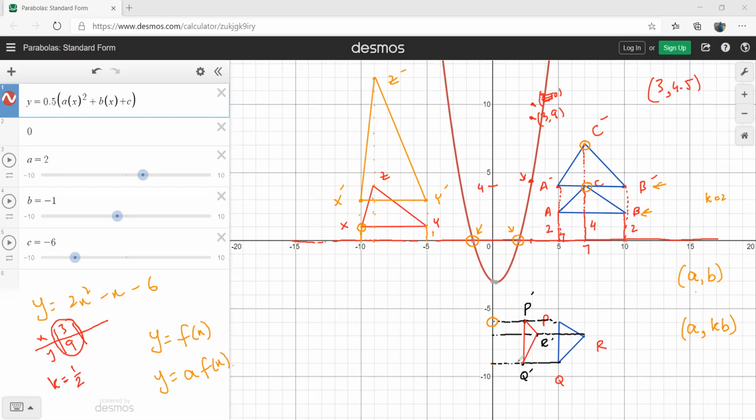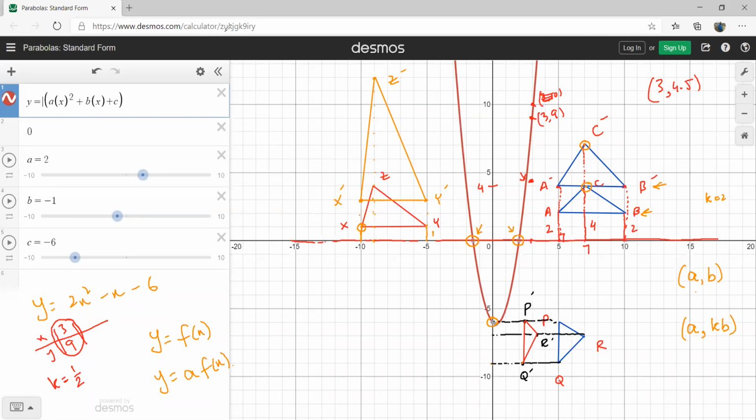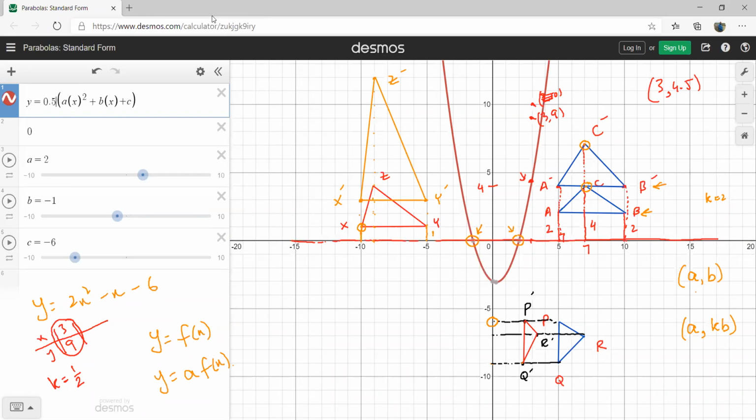Please be very quick, we have a lot of content to cover today. This point was 3 comma 9 over here, and when I multiply this with 0.5, it goes to 3 comma 4.5.